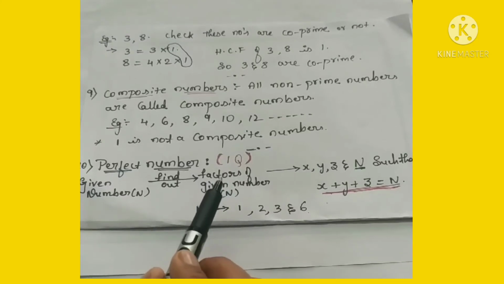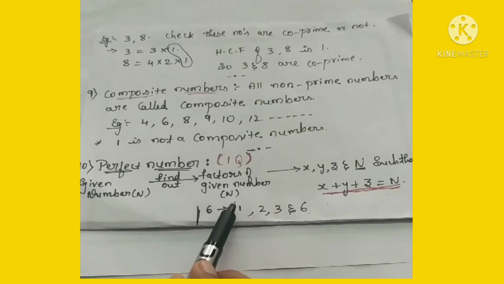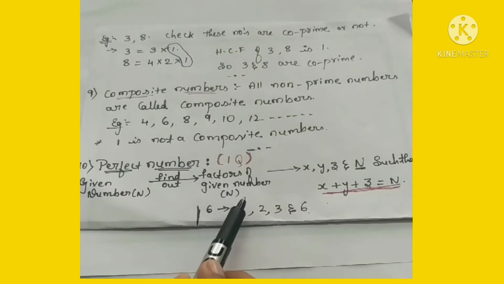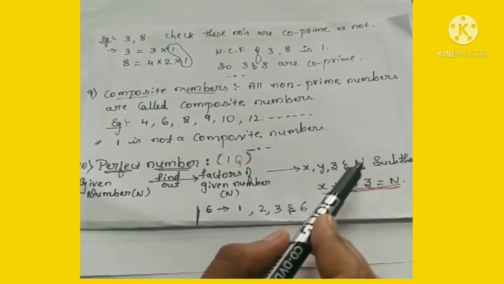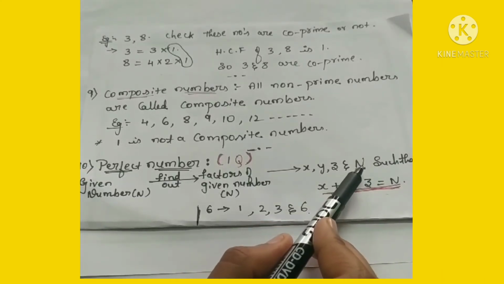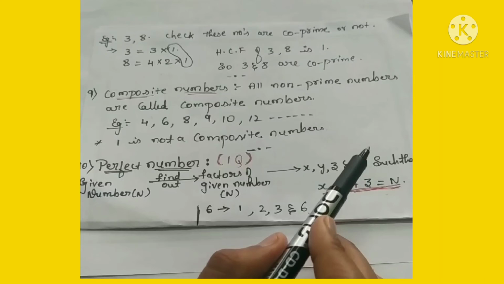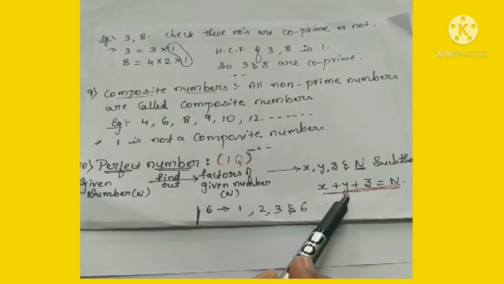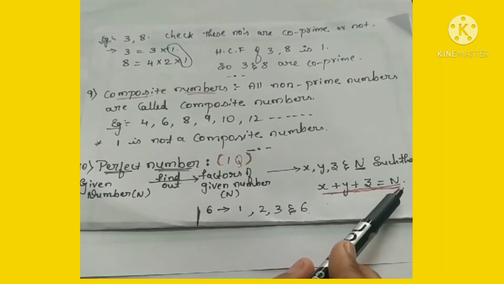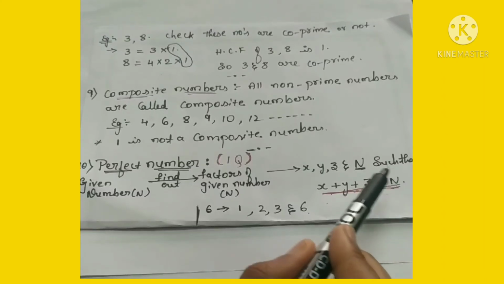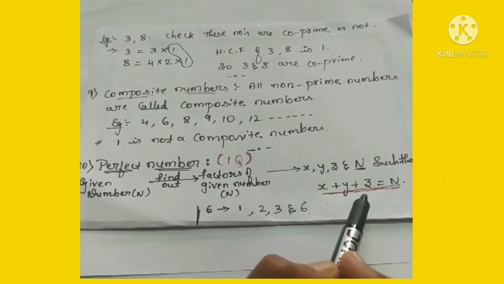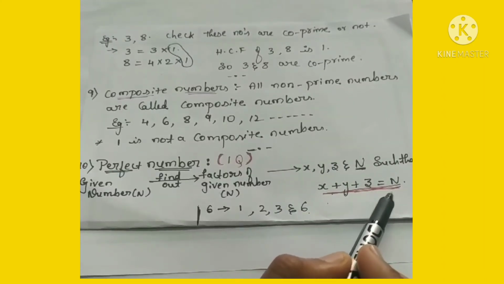Similarly, for the given number, n is also one of the factors. So I consider n as one of the factors of the given number, such that x plus y plus z equal to n. If any number satisfies this condition, we call it a perfect number.